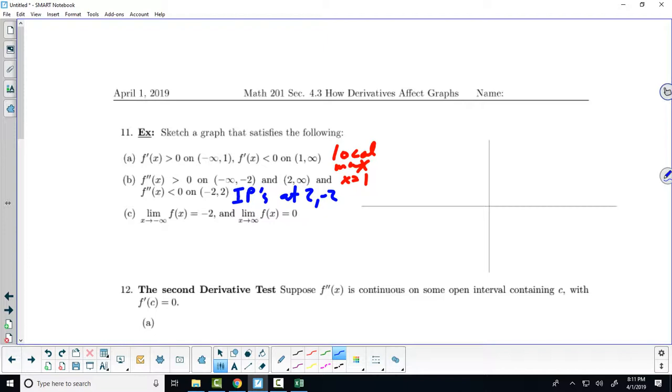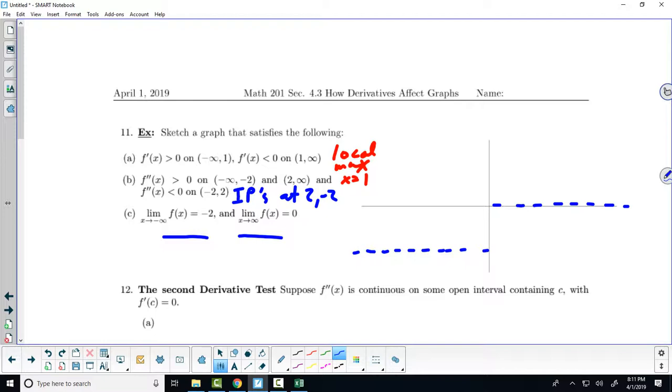These two are statements about the end behavior, or the long-term behavior, of the graph, right? So I know that in the long run, as I go to the left, I need a horizontal asymptote at y equals -2. And as I go to the right, I need a horizontal asymptote at y equals 0. Remember, you can cross horizontal asymptotes. That's no problem. All right, so keep working on it.